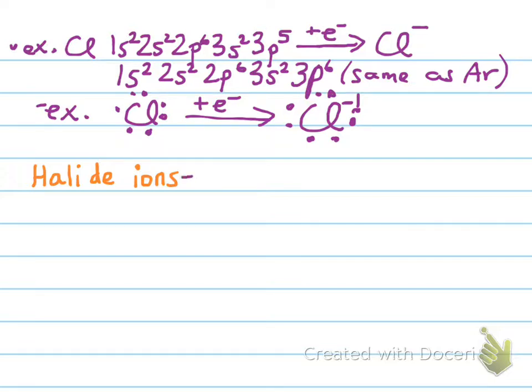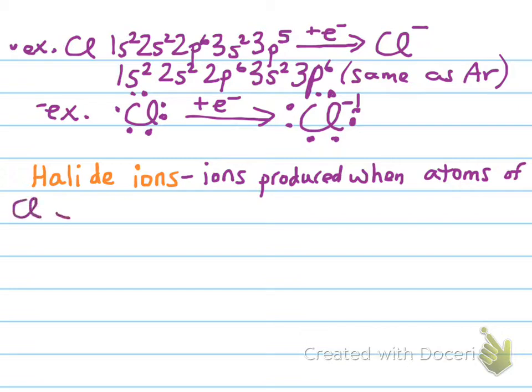So chlorine and the other ions that do this are called halide ions. These are the ions produced when atoms of chlorine and the other halogens, which is the special name for the elements in group 7A, gain electrons.